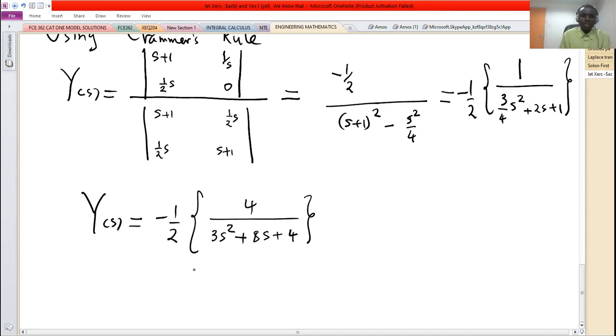So this is negative a half into 4 over, now this is a quadratic, product 12 sum 8, so we can factorize this as 3s plus 2 times s plus 2.